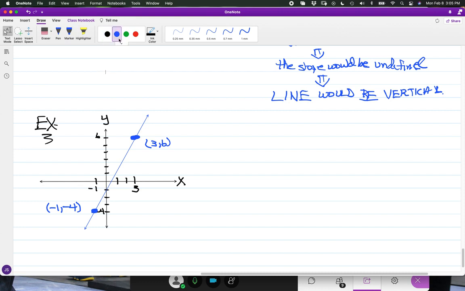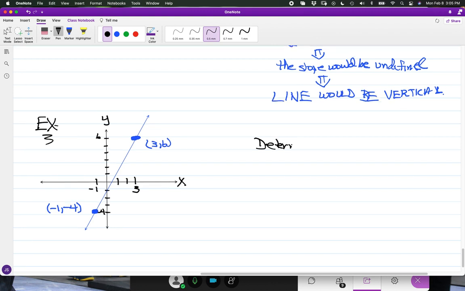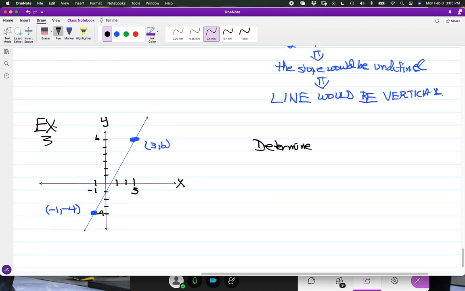Now let's say that you were to determine the slope of a line passing through the points -1, -4, and 3, 6.